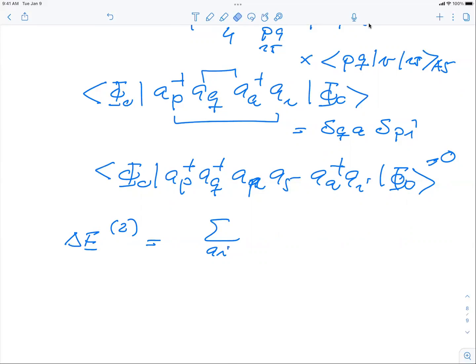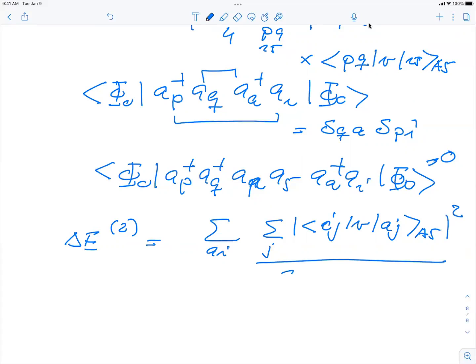So this is also going to have a sum over j, and it's going to be given by the matrix element squared, ⟨ij|v|aj⟩ anti-symmetrized, and this is squared, divided by ε_i minus ε_a.